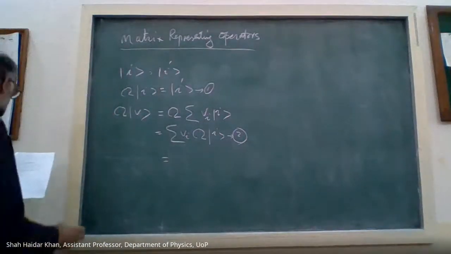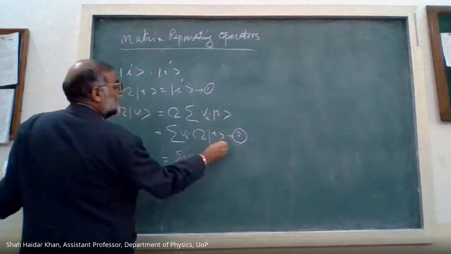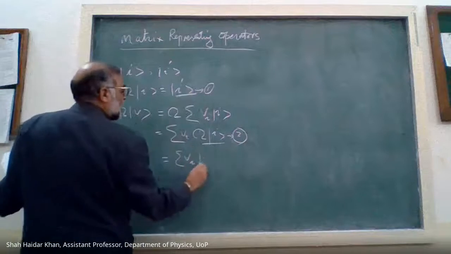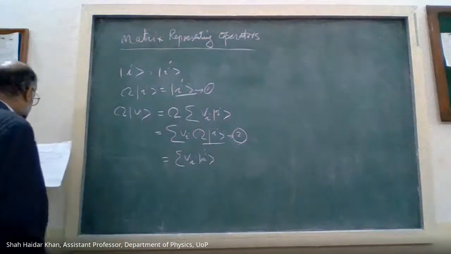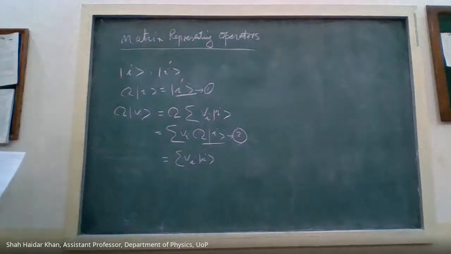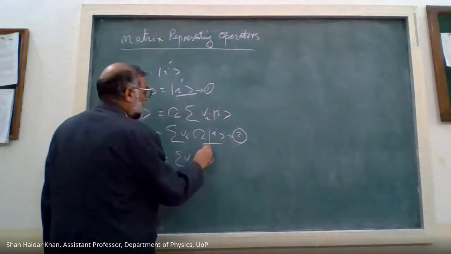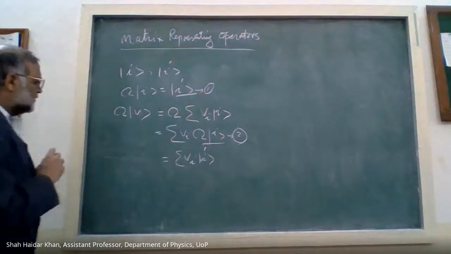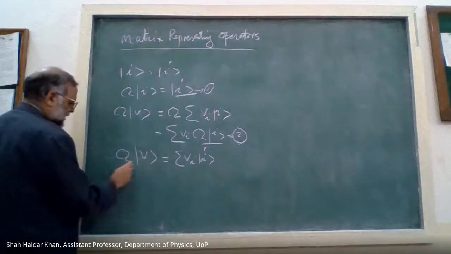So that is equal to here Vi, and remember from here it is equal to i prime. Now the problem we have is, look, we apply this omega to V. This is an operator.